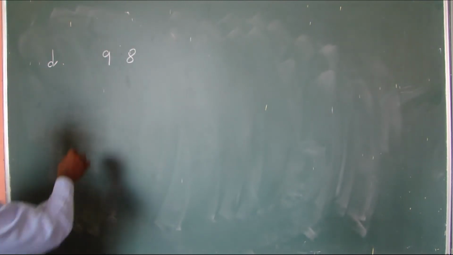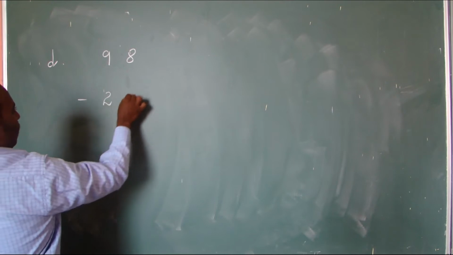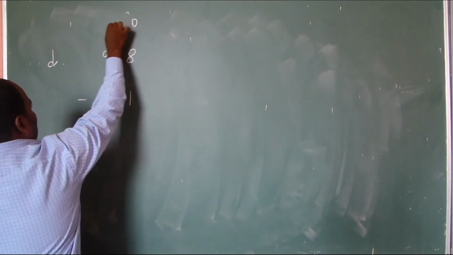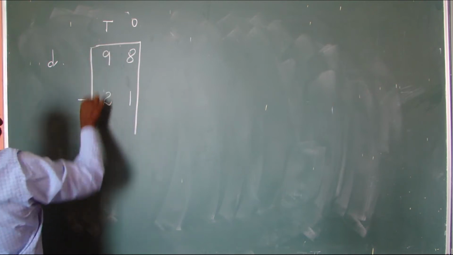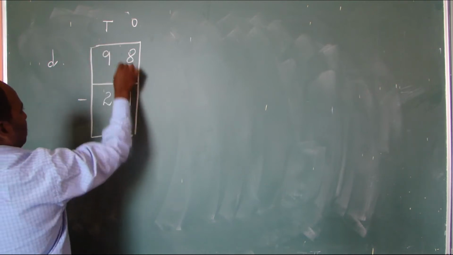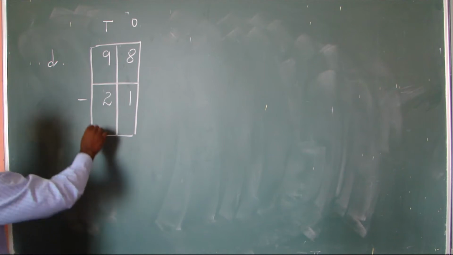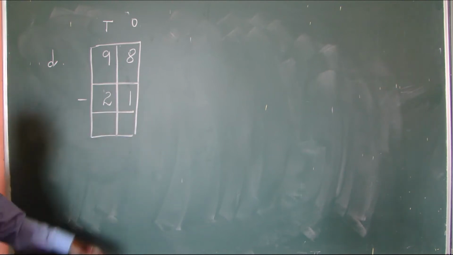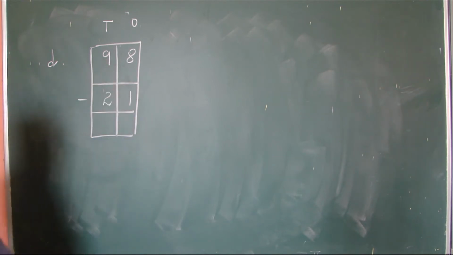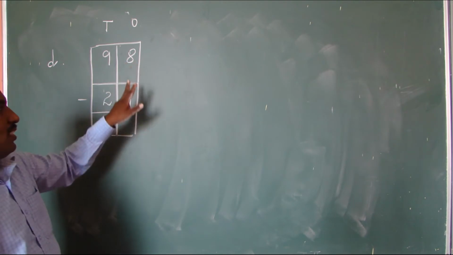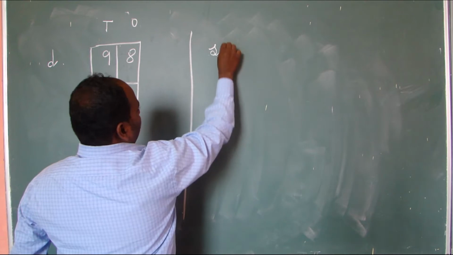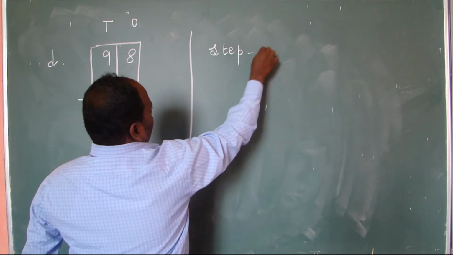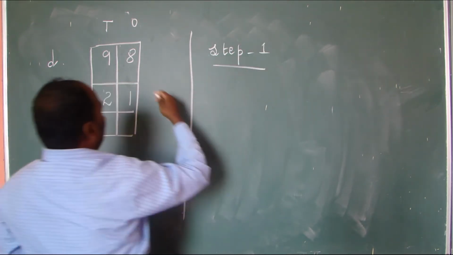98 minus 21. Ones, tens. Let's solve the ones place: 8 minus 1. Step 1.